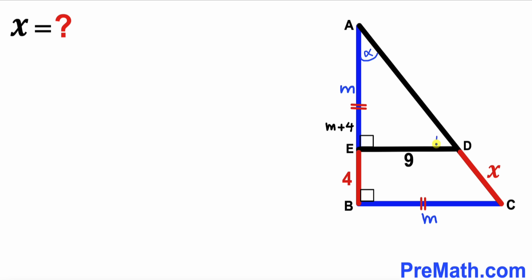If I label this angle as beta, then this angle has to be beta as well. So we conclude that the two right triangles AED and ABC are similar triangles according to the angle-angle similarity theorem.